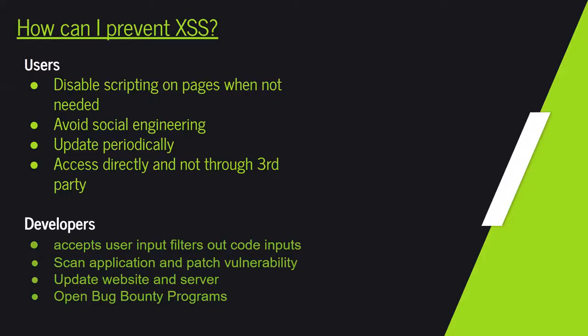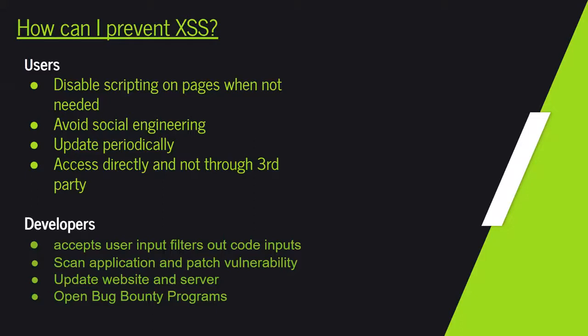Because when they access through a third party, it causes them to be redirected to a different website, causing the cross-site scripting. On the developer's end, they can configure the program to accept specific user input. I know in my programming class, we had to validate input in order to output certain code.